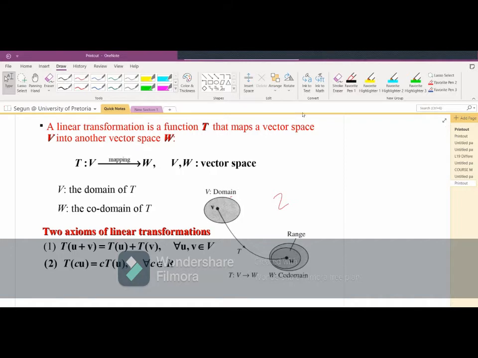V is the domain. What do we mean by domain? I will explain by illustration, so that some of us that were used to 1 + 1, 2 + 2 also understand what a domain is in layman language.